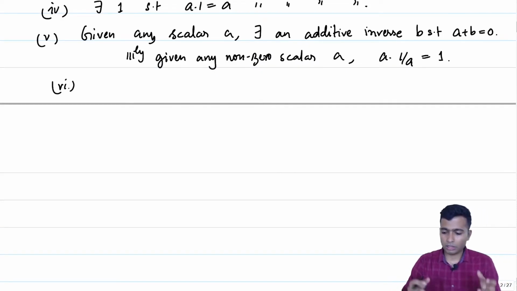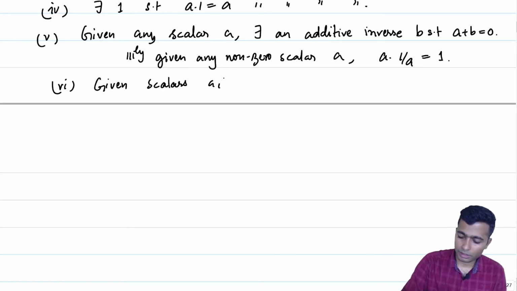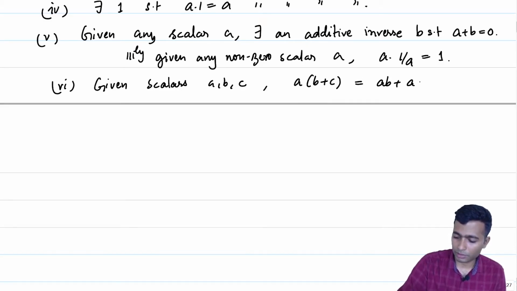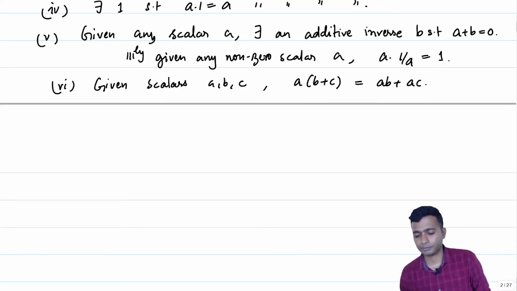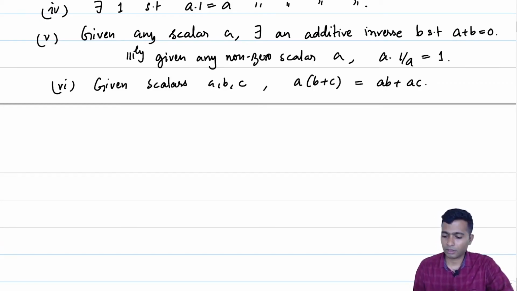And the addition and the multiplication operations are not standing apart, they interact with each other. So given scalars A, B, C, A times (B plus C) is equal to AB plus AC. So we have summarized some of the very common properties of real numbers we are quite familiar with.